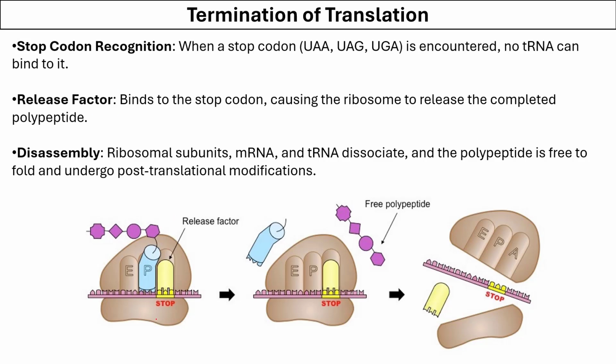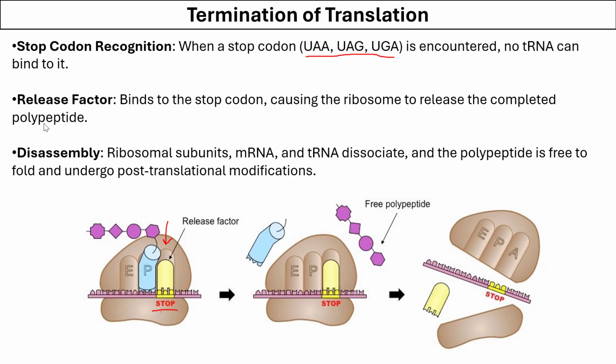Eventually, the ribosome comes across a codon which encodes for the stop signal. These stop codons would be, as mentioned previously, UAA, UAG, or UGA. Once this site is encountered, there is no tRNA for this codon.